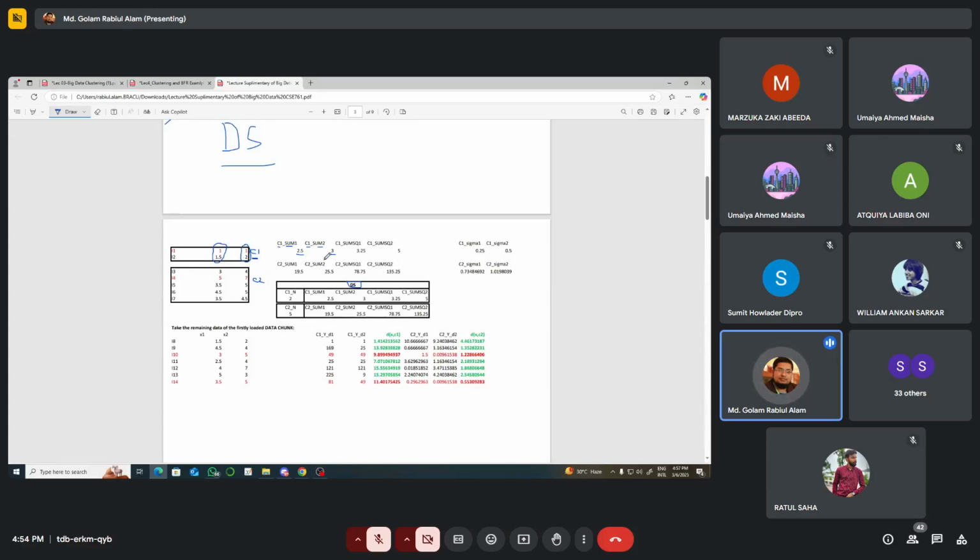Then for cluster 1 we have to store the sum of squared elements.